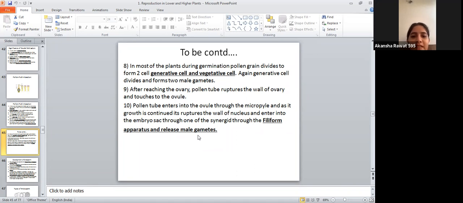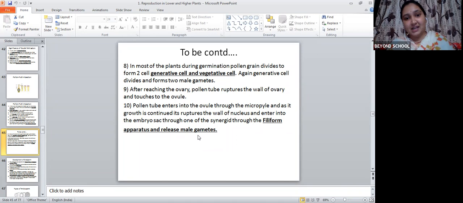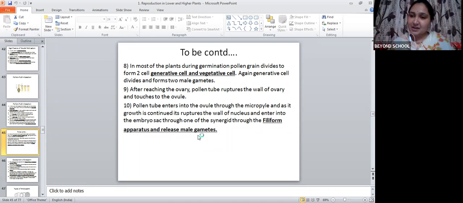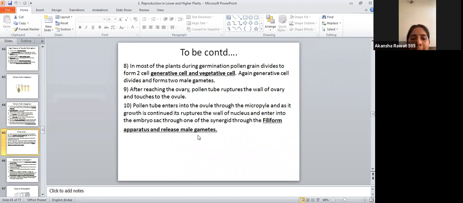Now this generative cell will get divided and form its own two male gametes. Now you understood from where the male gametes came, Akansha? These male gametes came from our generative cell.